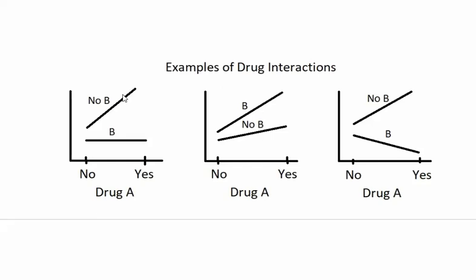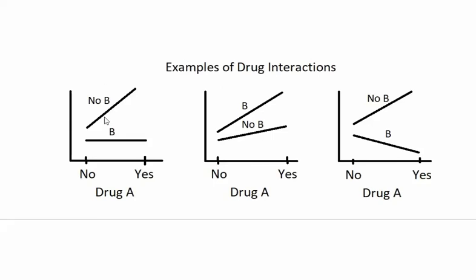Here I made 3 examples of drug interactions. They're just 3 visual examples that I decided to highlight, to help you get the idea of a drug interaction down and how it's just a specific example of an interaction.